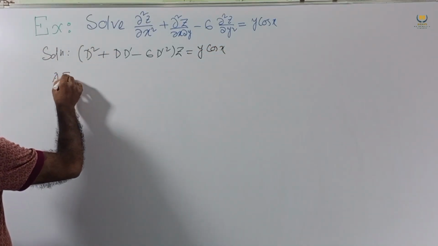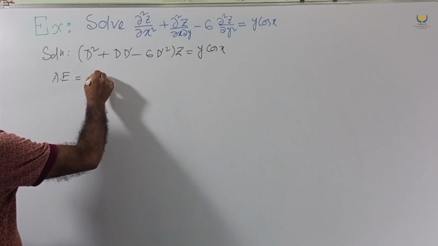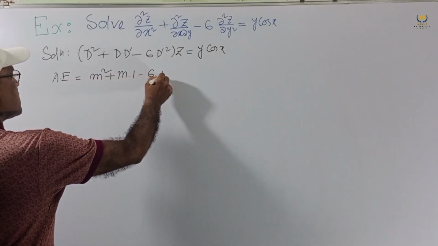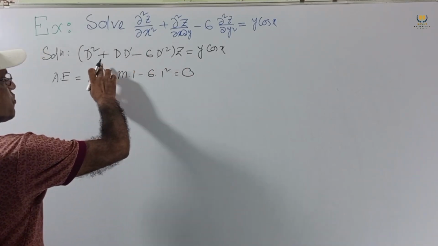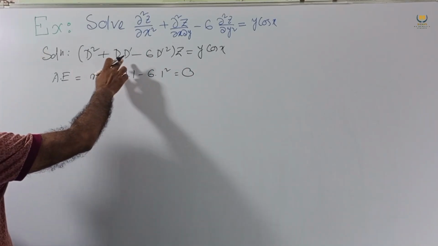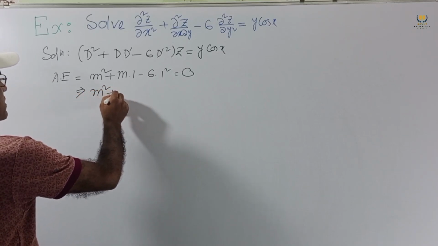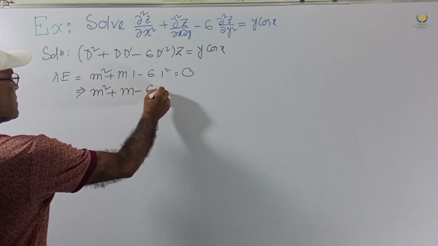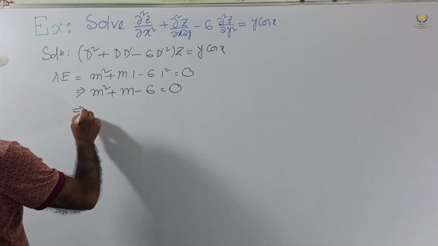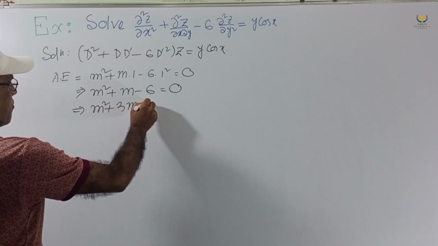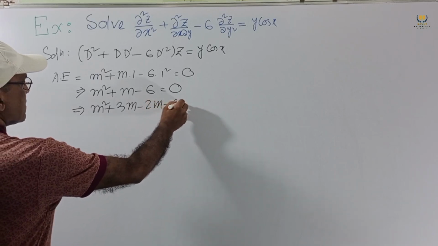Auxiliary equation: m square plus m into 1 minus 6 into 1 square equal to 0. Just putting D equal to m, D dash equal to 1. This equals m square plus m minus 6 equal to 0. m square plus 3m minus 2m minus 6 equal to 0.